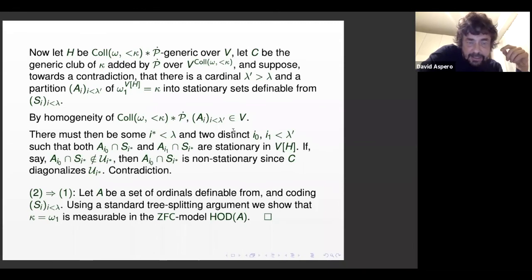For this, you take a set of ordinals A that codes this partition and is definable from it. Then you look at HOD of A, the HOD model constructed when you allow A as a parameter. Now you use a standard tree splitting argument, and you show that kappa is measurable in this ZFC model.